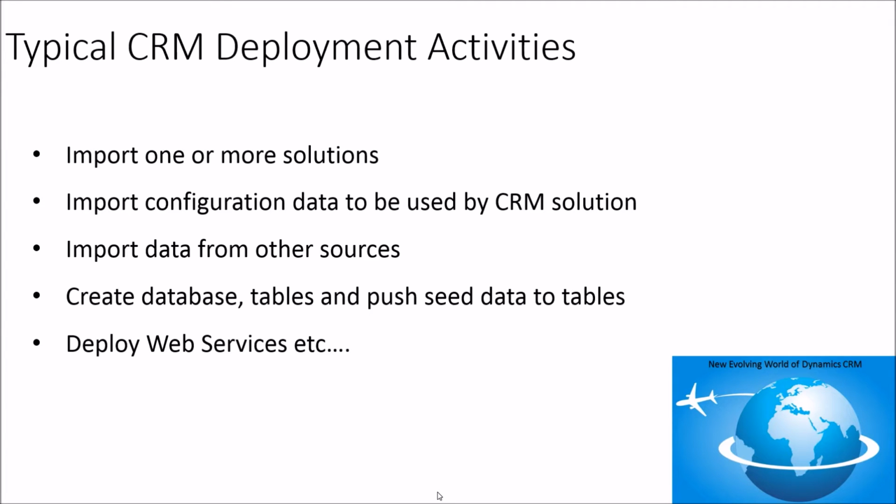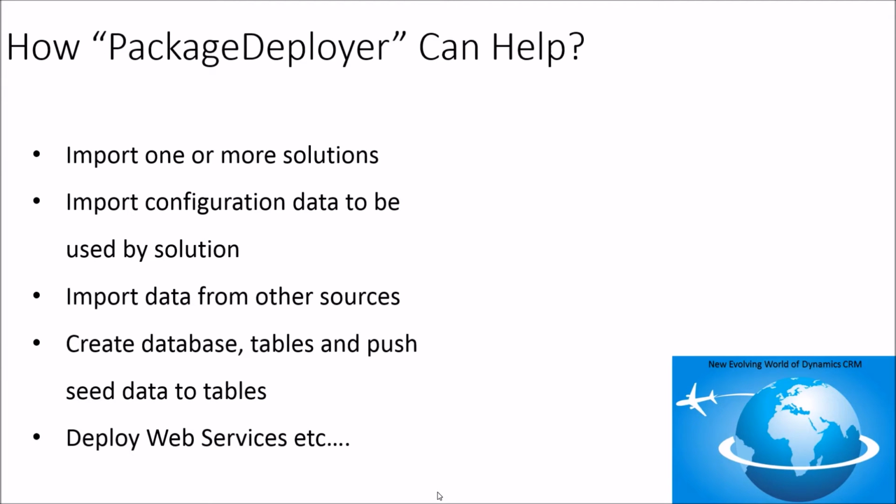But inside the folder, when you run the package deployer tool, it simply reads through your configuration and makes use of relevant files to do the deployment. It will make a lot of sense to you once I show you a demo and talk more about it. So how package deployer essentially helps here is that whatever activities you have to do as a part of your deployment, you can configure these activities inside a package deployer.